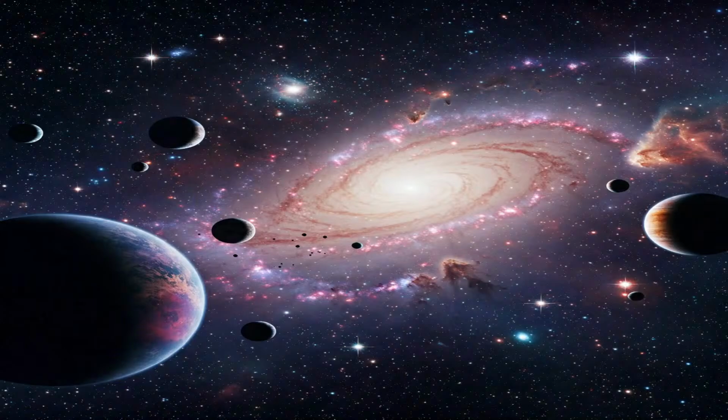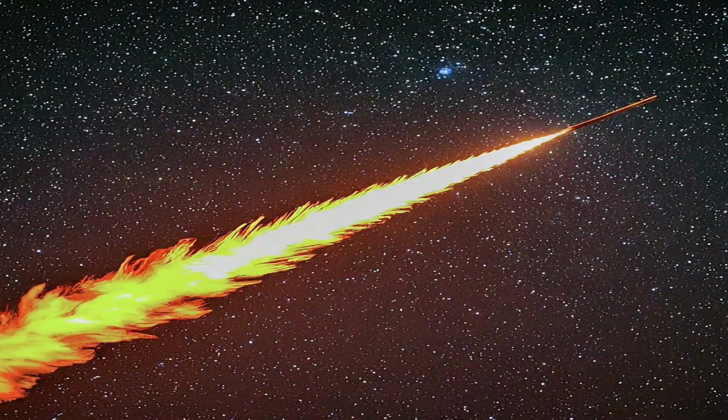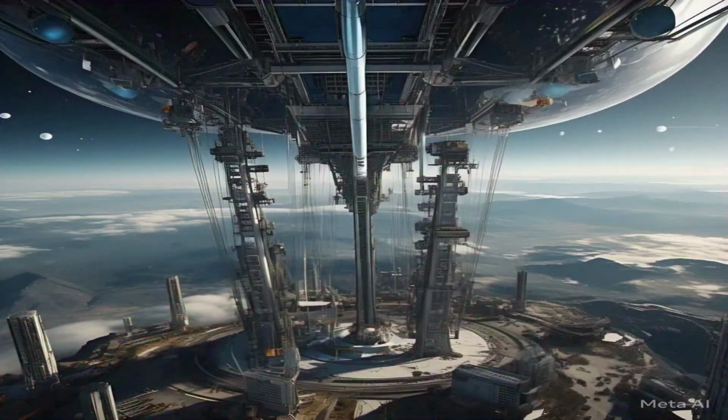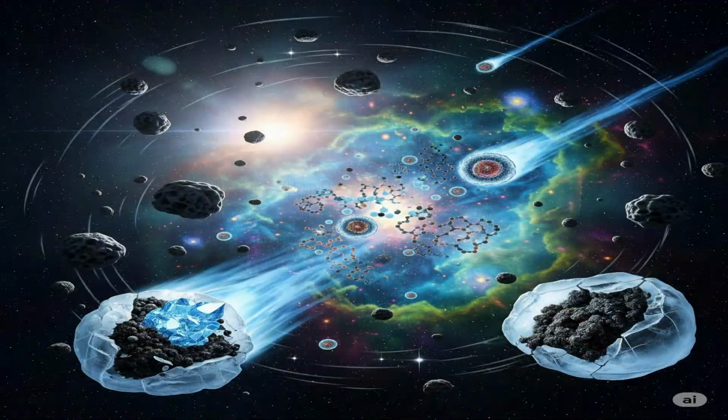This missing gravitational pull led to a revolutionary and initially quite controversial hypothesis. There must be an enormous amount of unseen, undetectable matter holding these galaxies together. They called it dark matter.